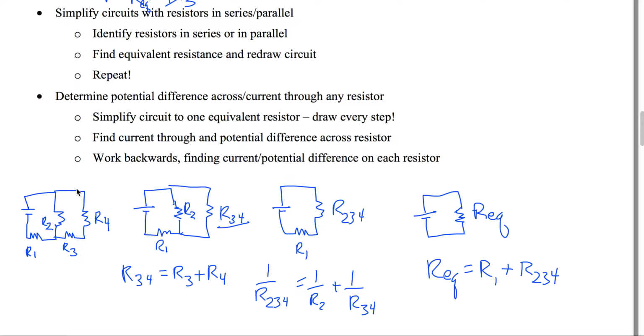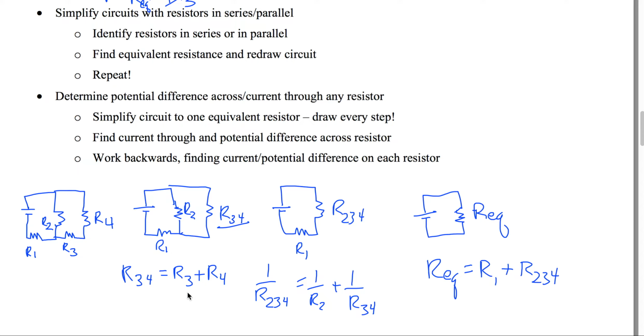So on a test I might ask, what was the first step here? To get the equivalent resistance, the first step is to combine 3 and 4 in series. And then I could ask what you got when you completed that first step, so whatever this number came out to be.